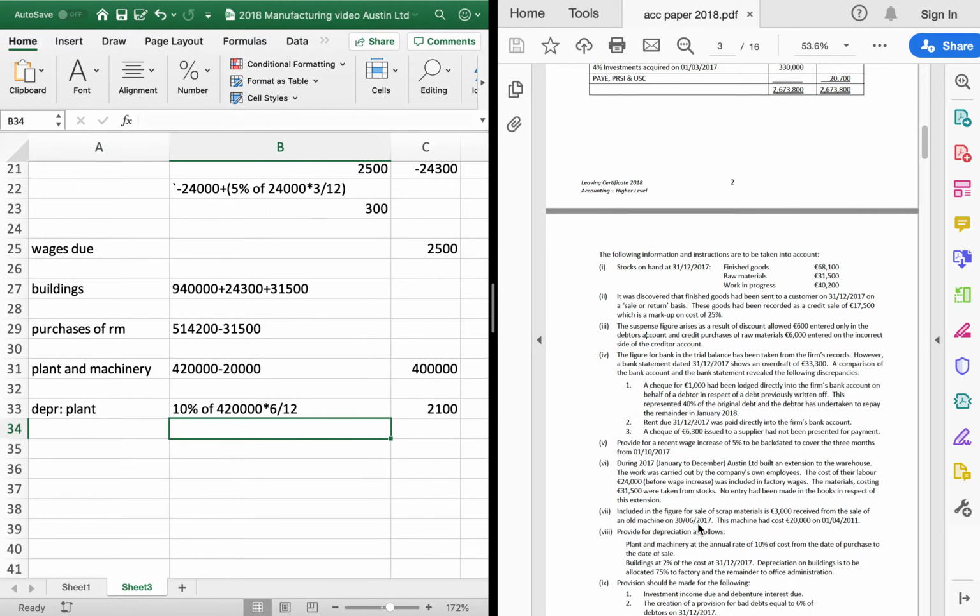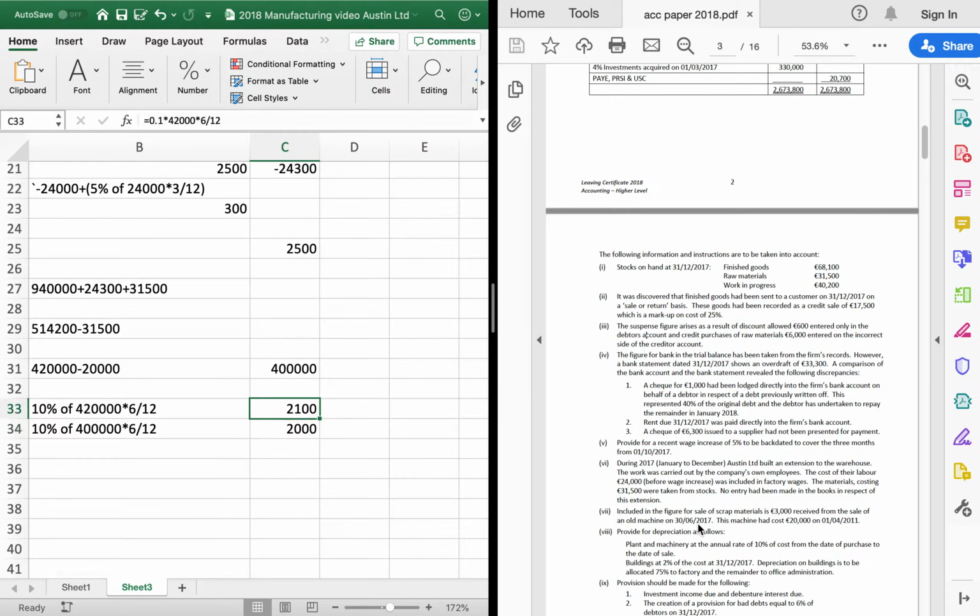And then it's going to be 10% of the remainder. So of the 400,000 for the remaining 6 months of the year, which is 20,000. So the total is 41,000.